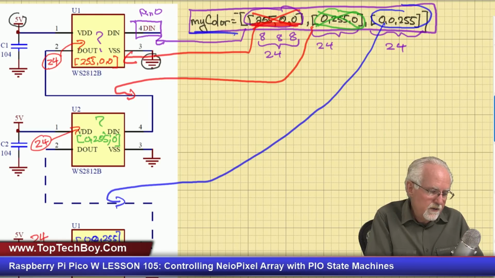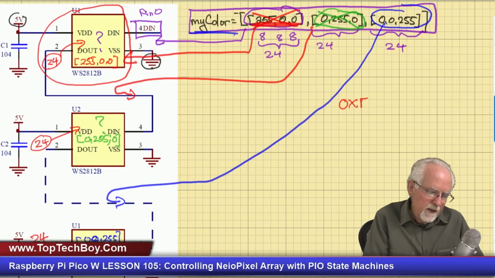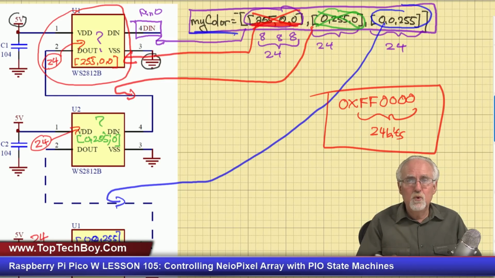So you group your data into 24 bits. Remember, 0xFF is 8 bits, 8 bits, 8 bits, 24 bits. So you send the data out in 24 bits.